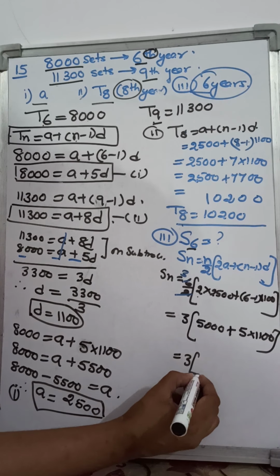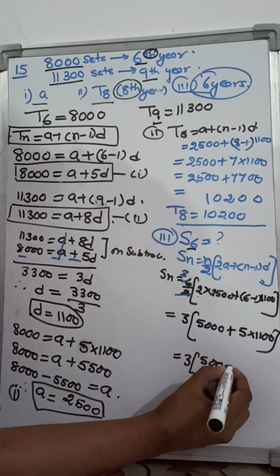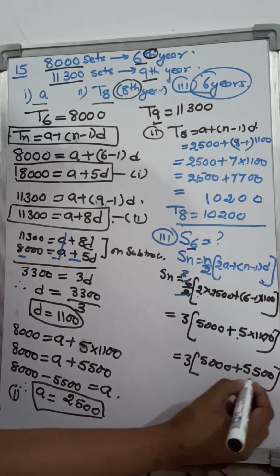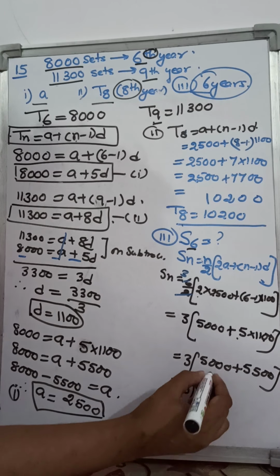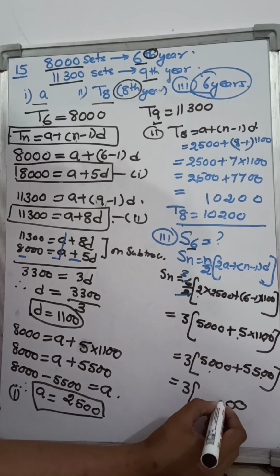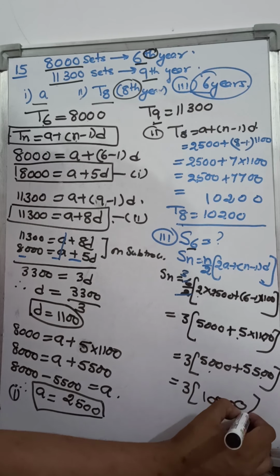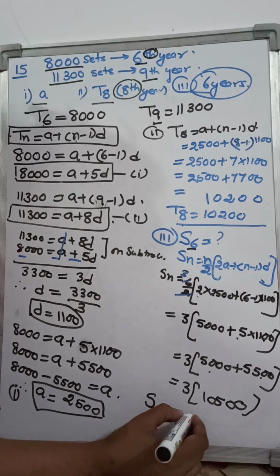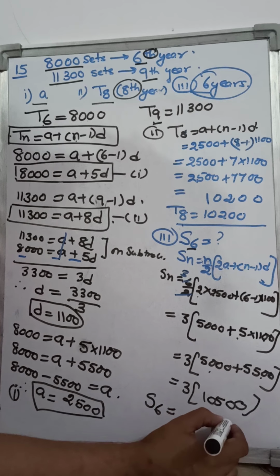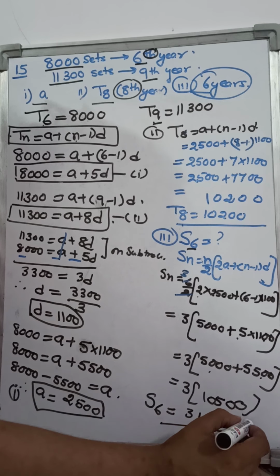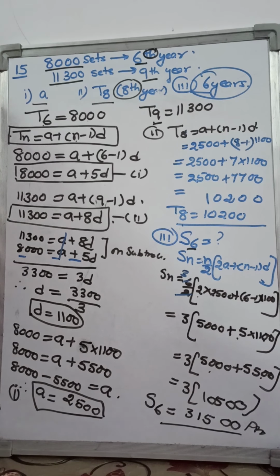First of all, you will write down 5000 plus multiply it, this will be 5500. So you will add it, it will come out to be 10,500. Then you have to multiply it with 3. So the sum of the 6 years will come out to be 31,500. So this is the answer of question number 15.